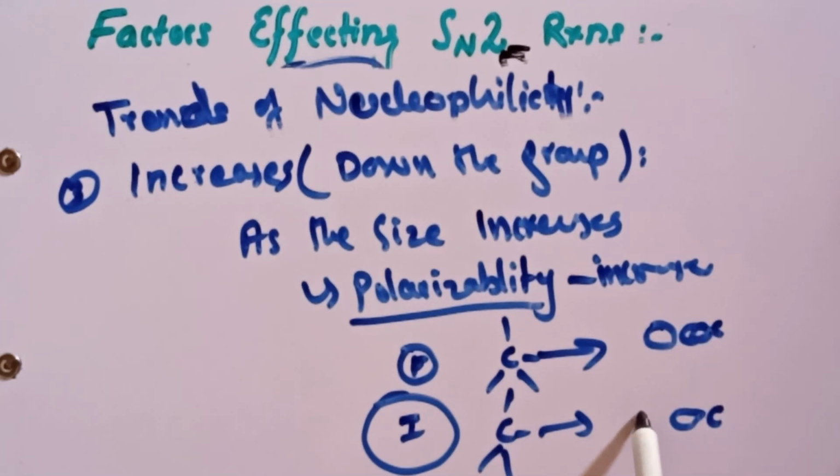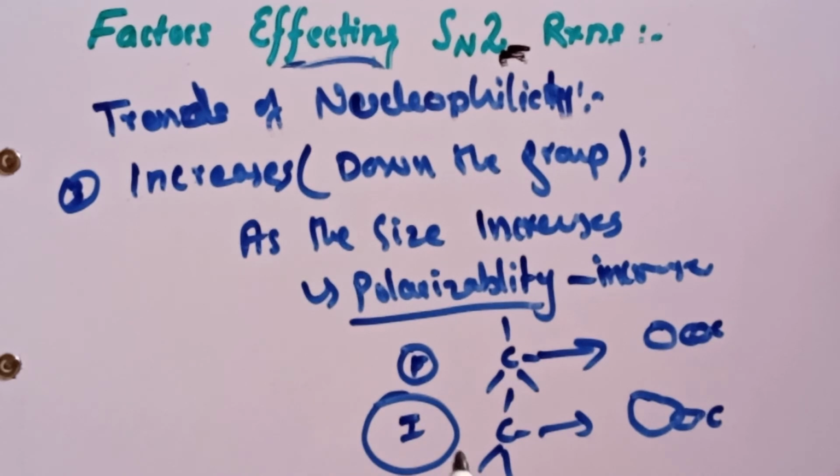While in case of iodide ion, it will be polarized like that. It means the larger the size, the larger will be the polarizability.